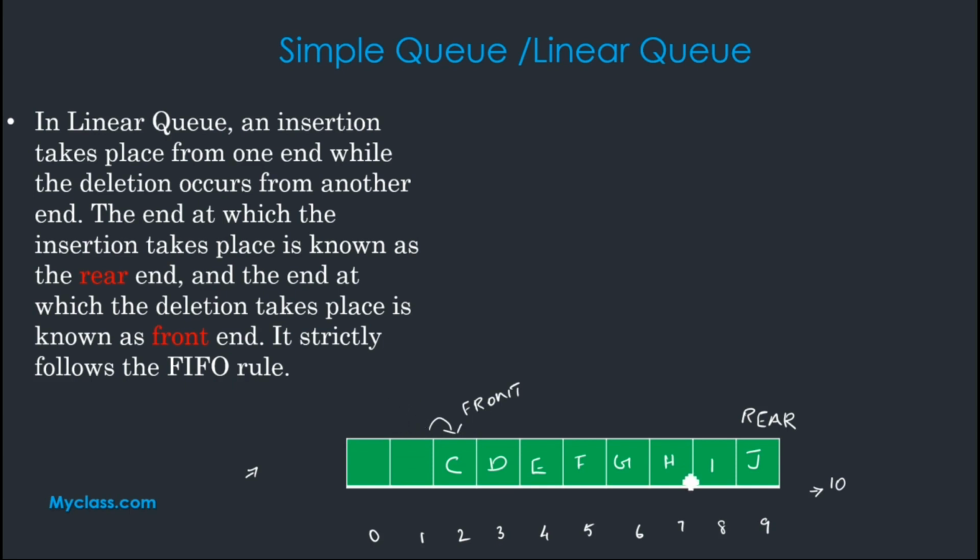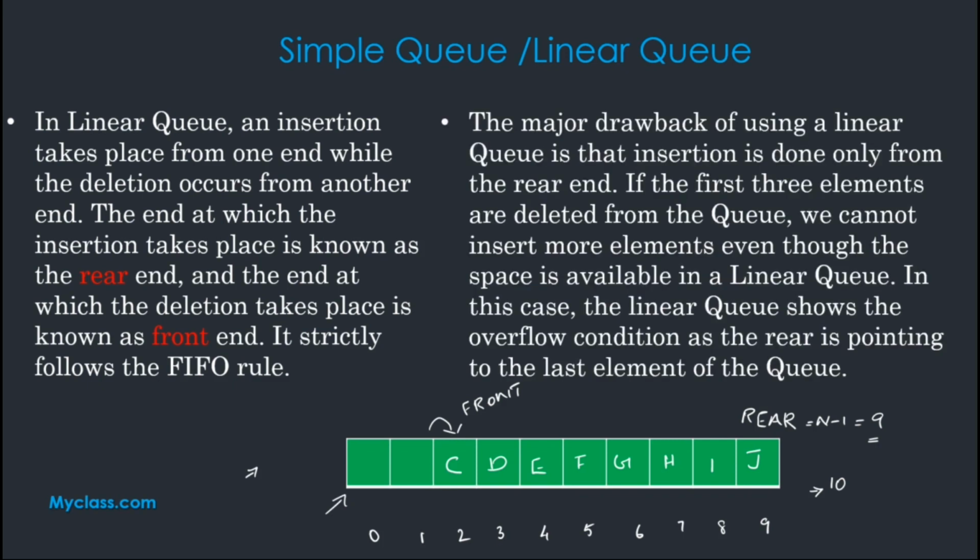In the case of insertion, we only concentrate on the rear side. So rear is equal to n-1, that is 9. In this case, we say it is an overflow condition even though there is free space on the front side. That is the major drawback of a linear queue. Insertion is done only from the rear end.